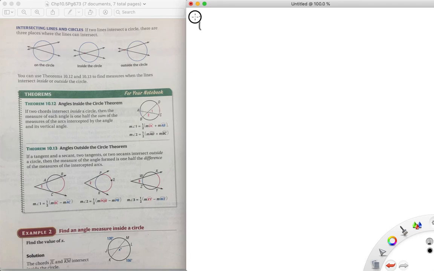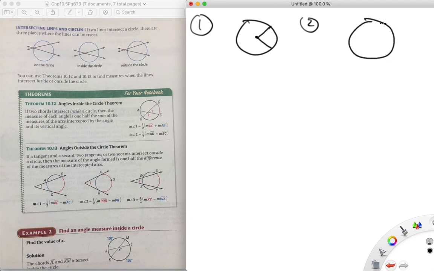So the first one was what happens if the intersection is in the circle, like so, right? What does that angle look like? What happens when the intersection is on the inscribed arc? So that's that scenario. What happens when the intersection is a chord and a tangent line? How does that work, right?